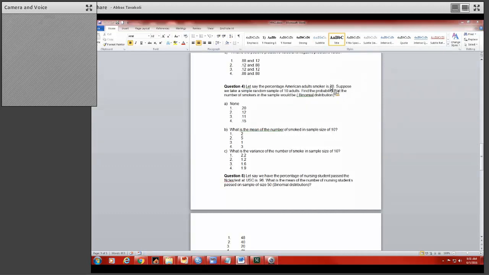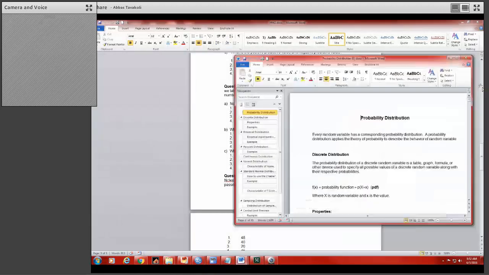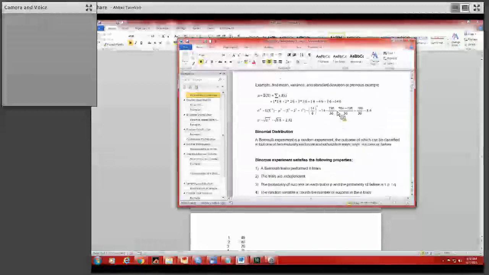Suppose we take a sample of 10, find the probability that the number of smokers in the sample would be. So here we are talking about the distribution. If you have N and P, that is your binomial distribution. And here you can choose 2 ways to calculate.